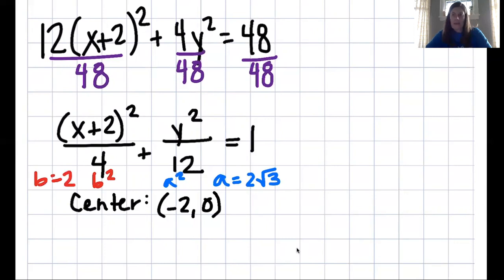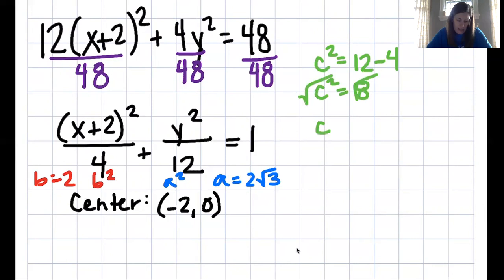And that makes sense because it's less than 2 times the square root of 3. I can find my c squared, so I'll do that up here. C squared equals, remember, go back to the squareds, a squared minus b squared. So c squared is equal to 8, and c is 2 square root 2.